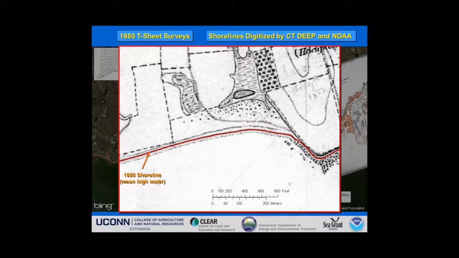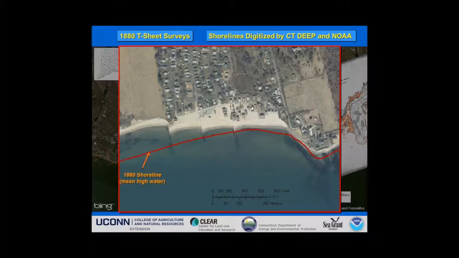That particular shoreline feature is in a digital format that we can now take and compare to modern imagery and modern data. And part of the importance of that is we did not have the time or funding to do the digitizing on our own, so we had to use existing data sets.